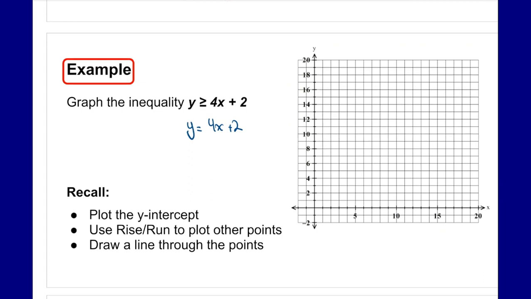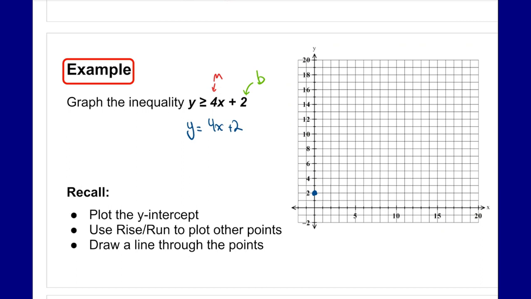We want to start with our b value, which is 2. And then we want to get our m value as well, our multiplier. In this case, it's 4. And we're going to graph it as we normally would. So we start at 2.